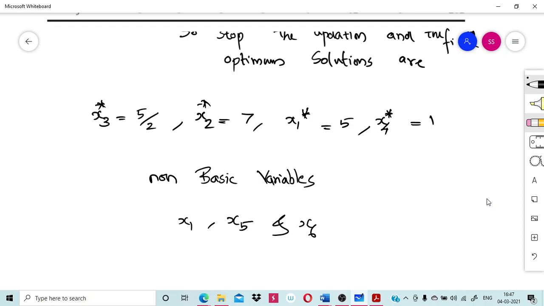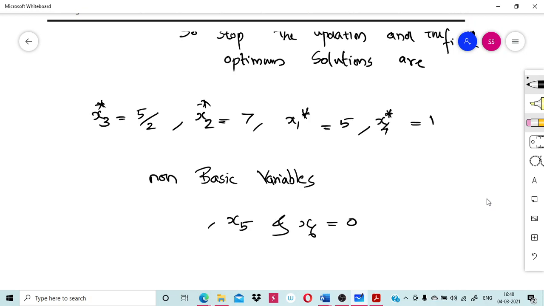So x5 and x6 both are equal to 0. Okay, this is our final optimal solution for all the variables.